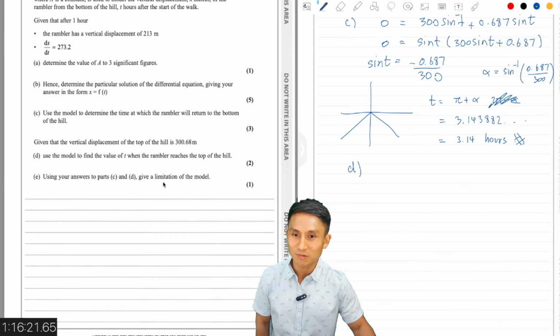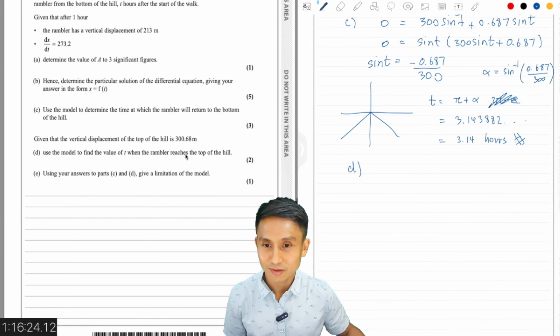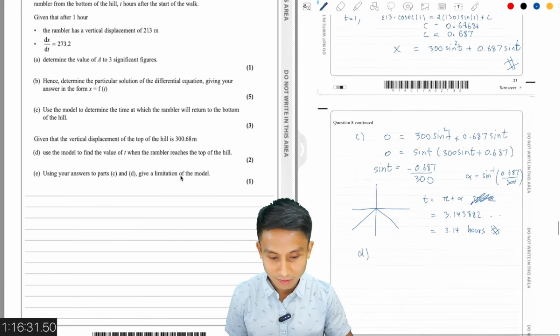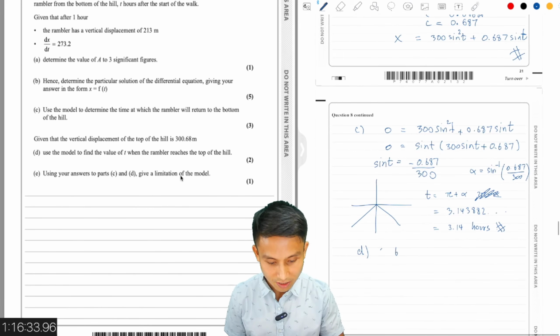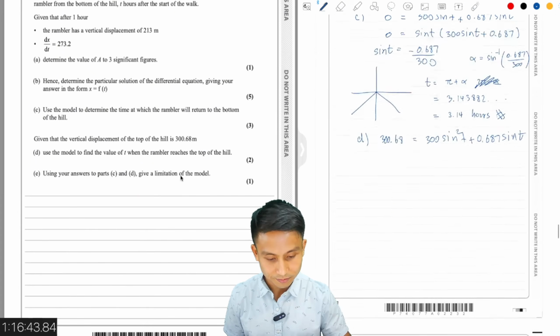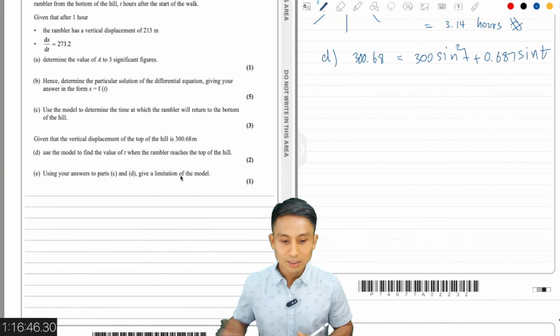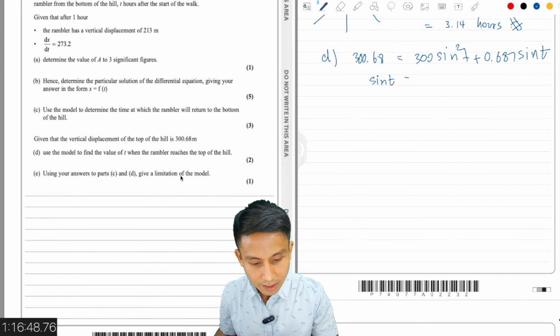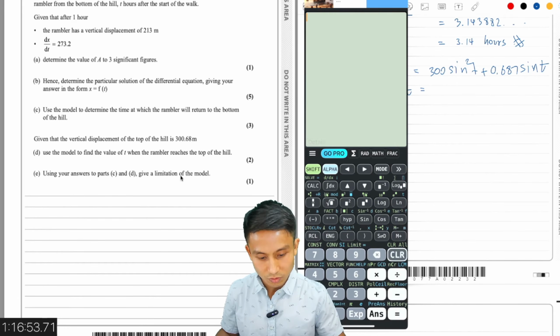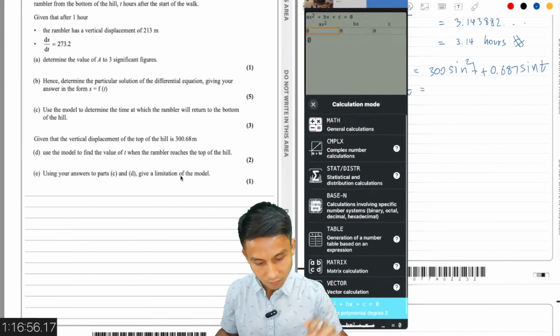Given that the vertical displacement of the top of the hill is 300.68, use the model to find the value of t when the Rambler reaches the top of the hill. We just equate, right? Okay, so 300.68 equals 300 sine squared t plus 0.683 sine t. Okay, let's do quadratic, right? So sine t is, we're just gonna do quadratic solver.